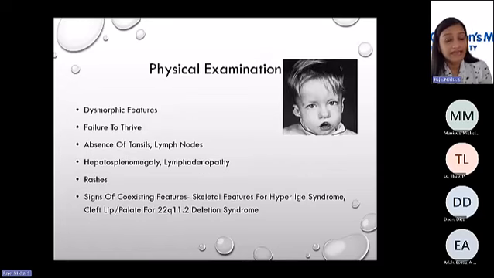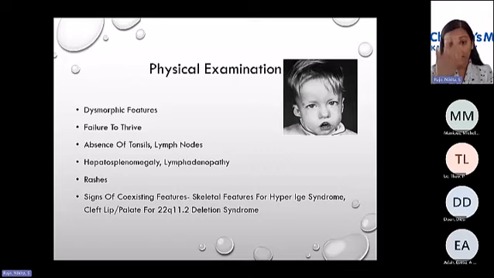How about the physical exam? So some of the features can be helpful in your evaluation. At times, the exam may be completely normal, and that doesn't rule out or shouldn't sway you from doing a workup for IEI. So patients may have dysmorphic features, typical features of a particular syndrome that might be helpful, such as coarse features that can be seen with hyper IgE syndrome caused by STAT3.